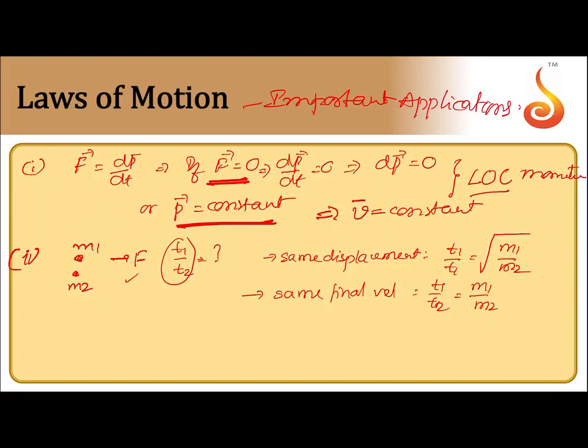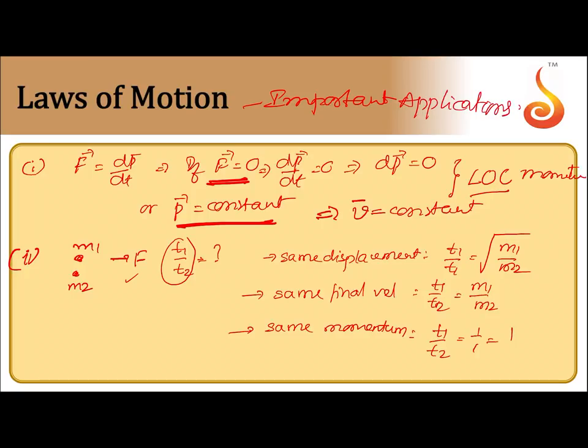I want you to remember these results, quite useful results. And if they have same momentum, then T1 divided by T2 is equal to 1 by 1, 1:1. That means they take the same amount of time to have the final momentum.